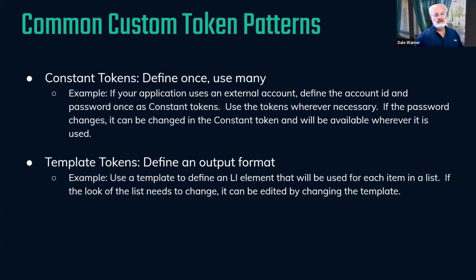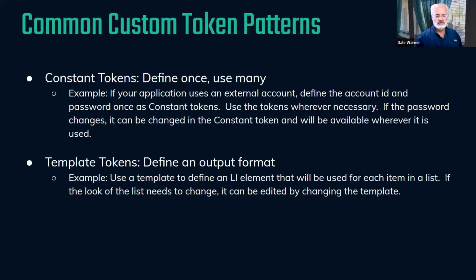So let's get into some patterns that are useful, and constant tokens are a great value in this area. Things that you can define once and then use in many places. So let's say your application has an external account with some other provider, SendGrid or Constant Contact or whatever.